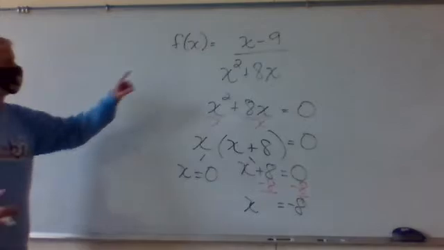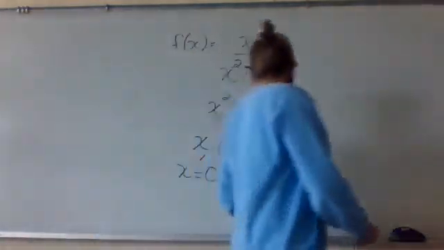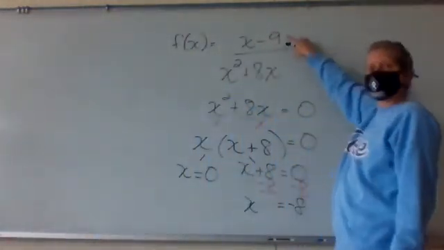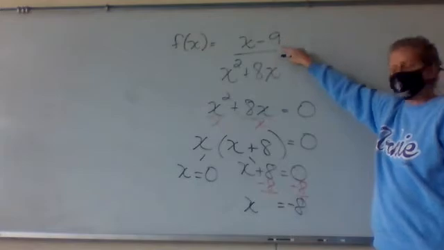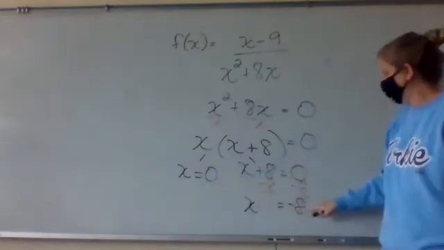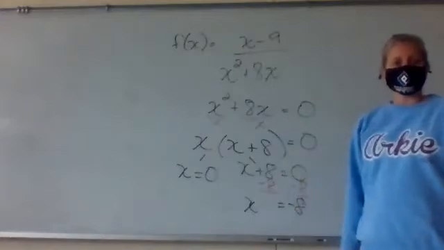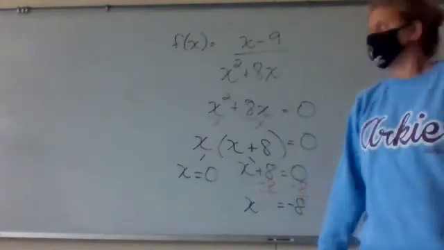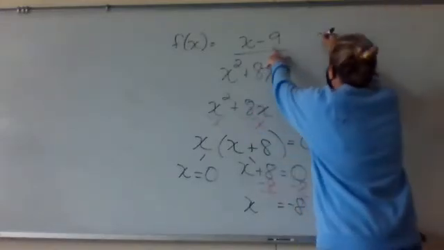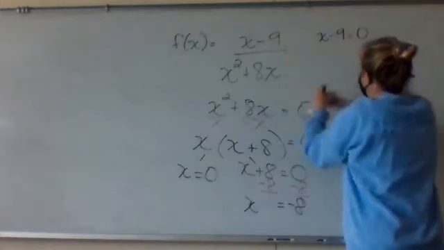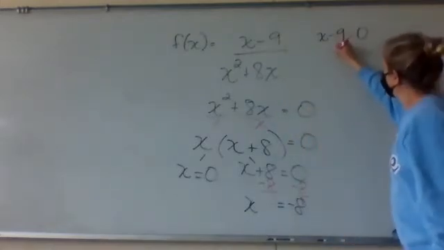Now, I do need to double check to make sure that 0 or -8 is not also a 0 of the numerator. With either one of these, if you plug them in here for this x, does it turn the numerator into 0? No, right? What's the 0 of the numerator? What makes it 0? Well, set it equal to 0 and solve it.